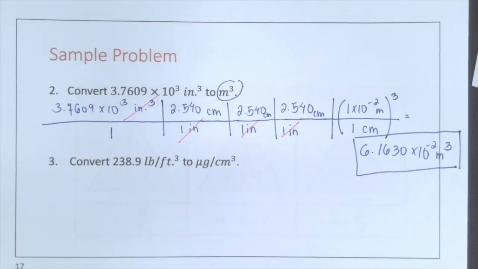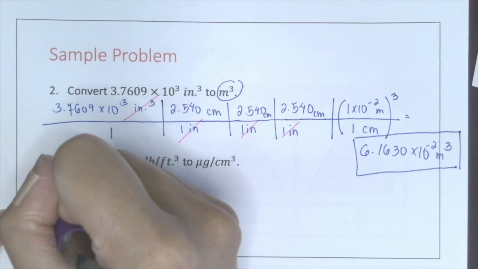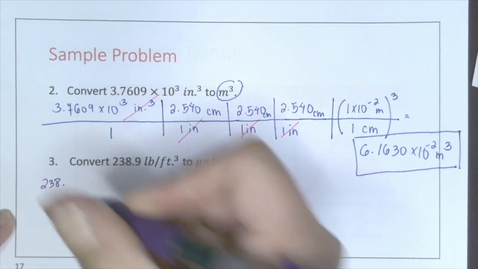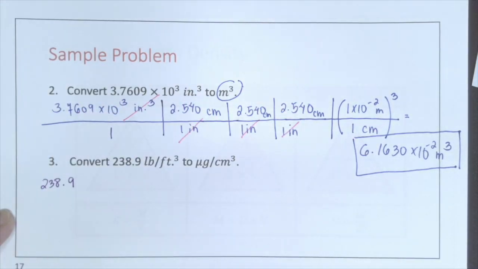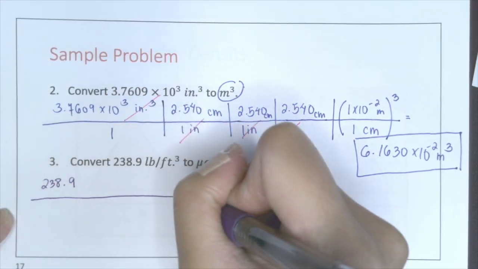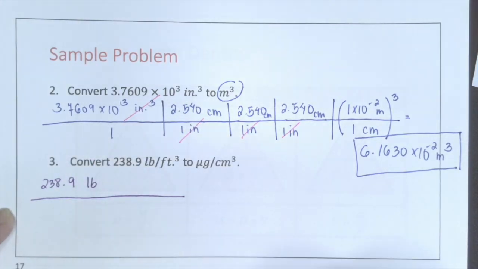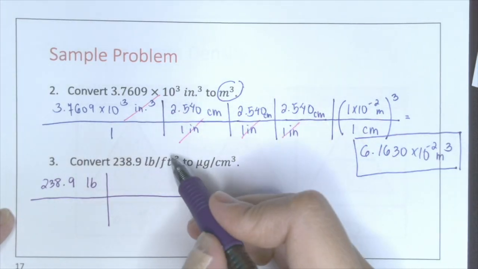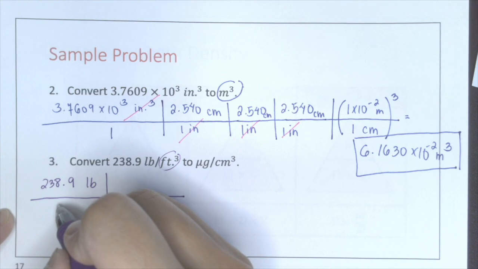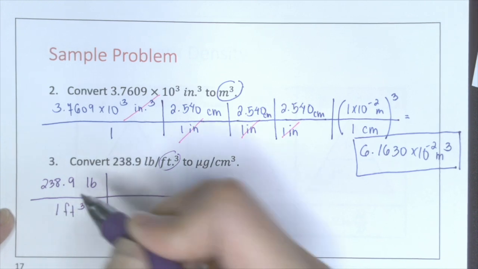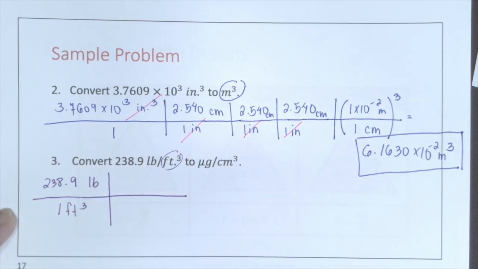Now let's work on the third example, wherein we are working with 2 units, one in the numerator and one in the denominator. So we have to take 238.9 pounds per feet cubed. So we have LB, and then this really is in the denominator, so that's 1 feet cubed.